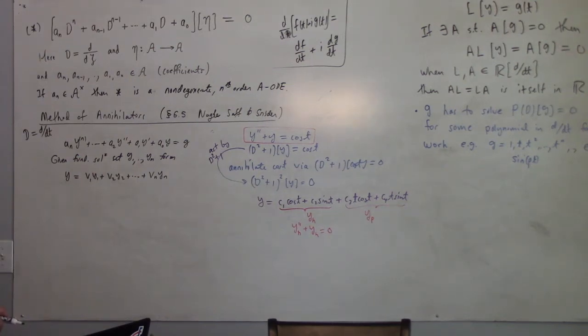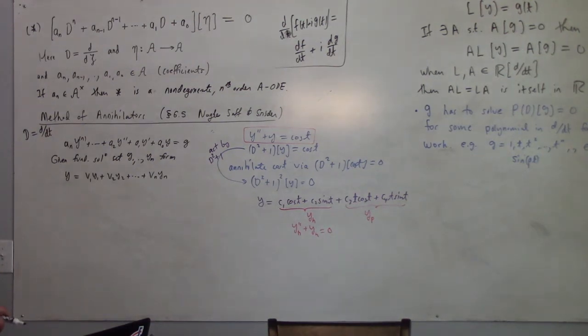When we let v1 through vn be constants, we're back to the homogeneous solution. So if you add a constant to your parameters, whatever you find, you're automatically including a homogeneous solution. That's also kind of nice.